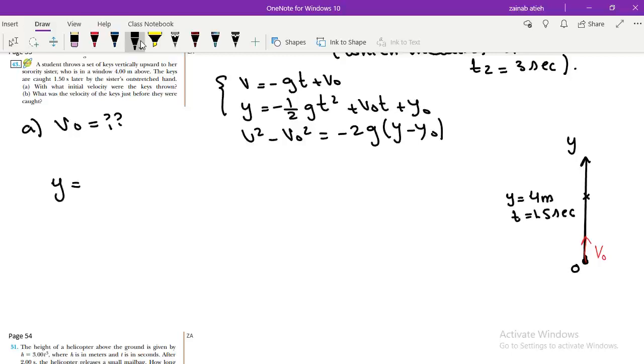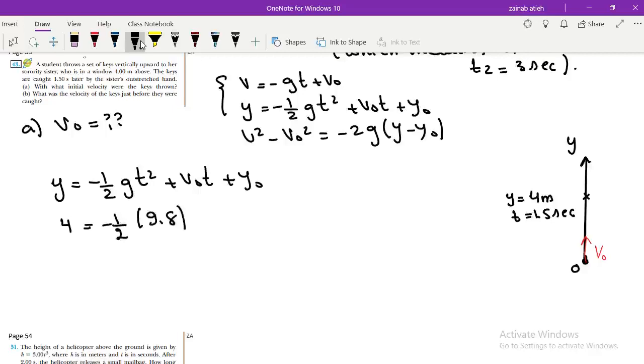So y equals minus half g t squared plus v0 t plus y0. The keys passed through the point at altitude 4, so 4 equals minus half times g, which is 9.8, times t squared, the time when it reached the height of 4 was 1.5, so 1.5 squared, plus v0, which I have to find, times time, which is 1.5. And y0, what is it?